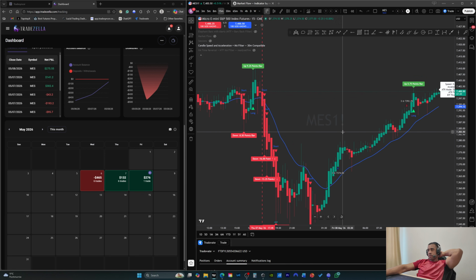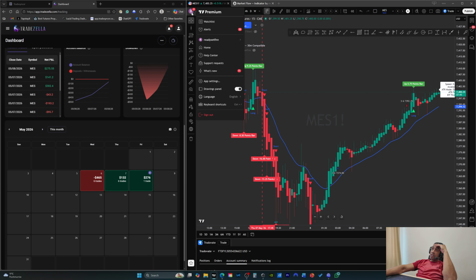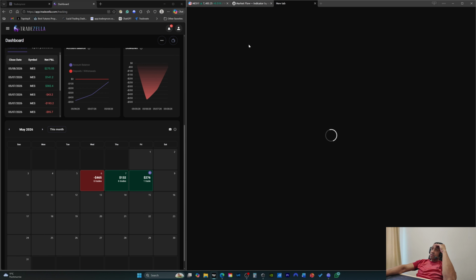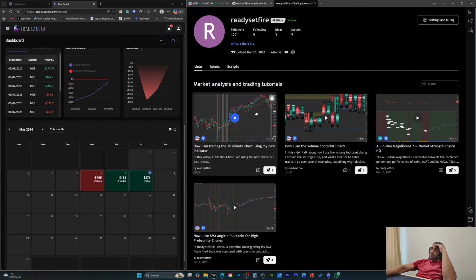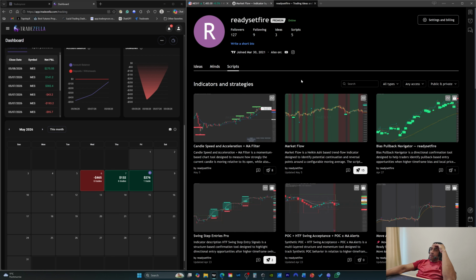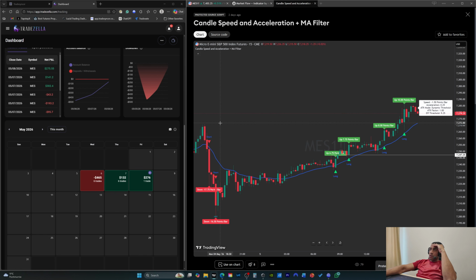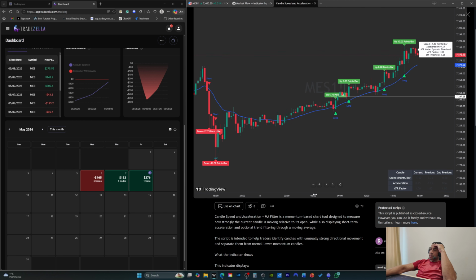It's not showing it. I'll put the link in the description, but it's basically this one right here in my profile, under scripts. I do not know why it's not showing when I search for it. Candle speed and acceleration plus moving average filter. It is published. That is weird.